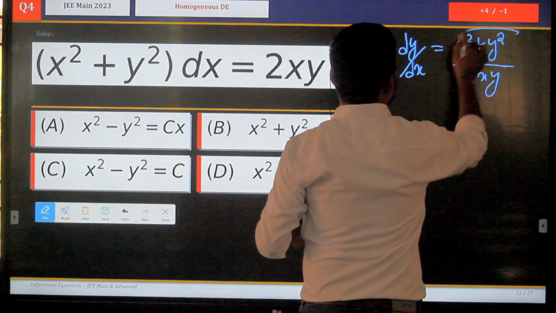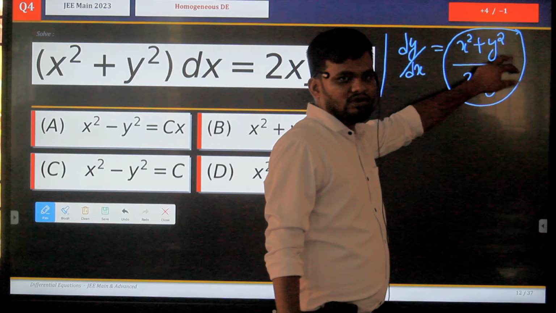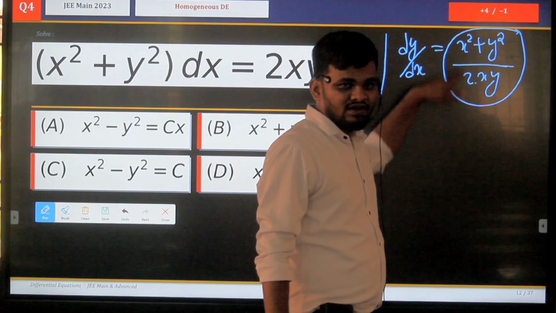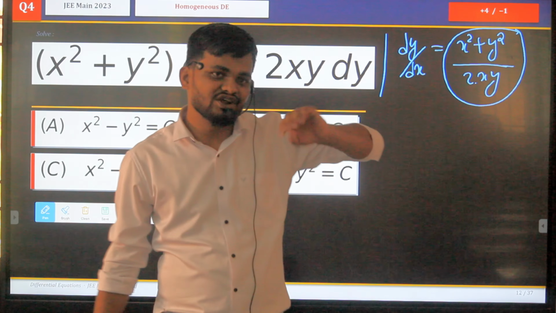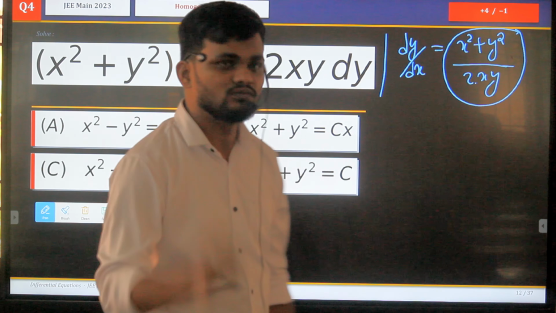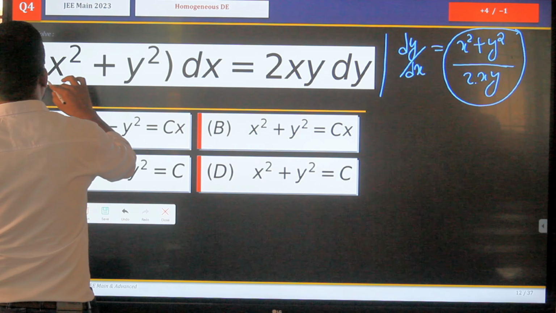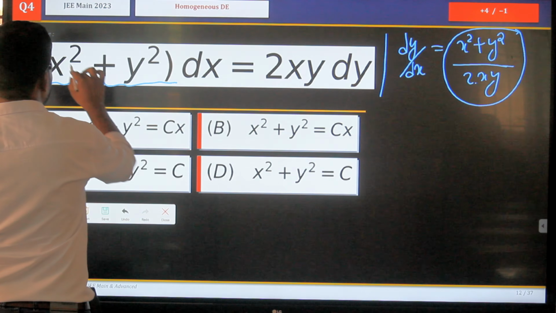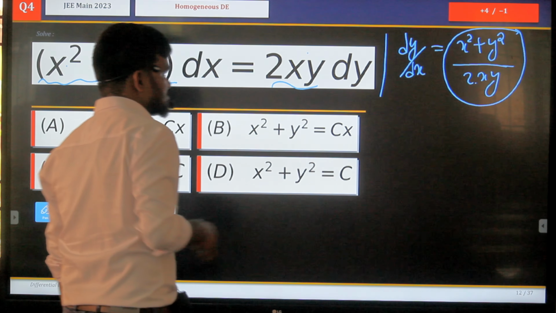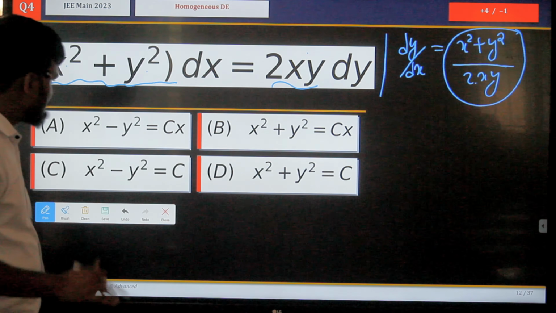Clearly, this is my f of x, y. If I put x equal to lambda x and y equal to lambda y, lambda square comes outside from the numerator and the denominator, and lambda square is cancelled. That means the function is a homogeneous function of degree 0. Here also you can check: either you check this way by putting lambda, or the degree of each term is 2, so the combined degree is 2. That means it is homogeneous, so you can solve by using the homogeneous differential equation method.